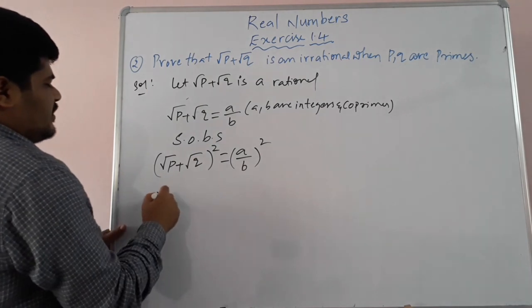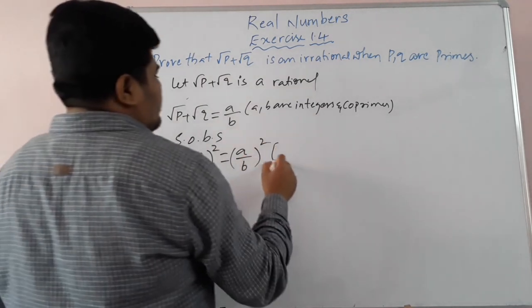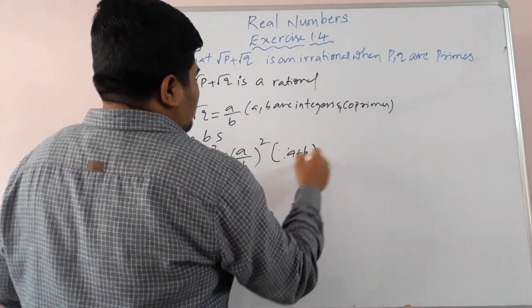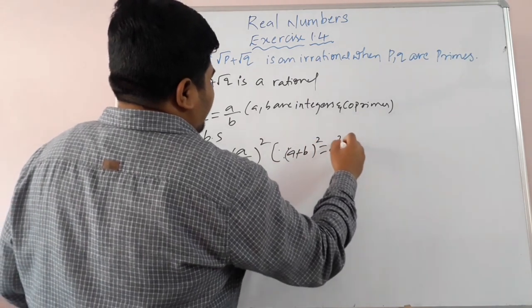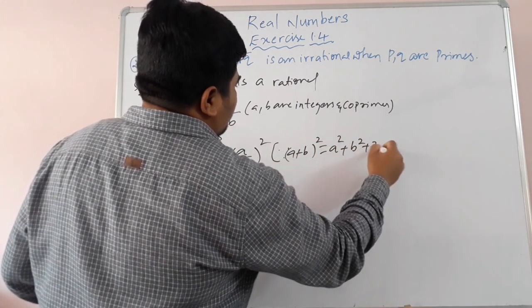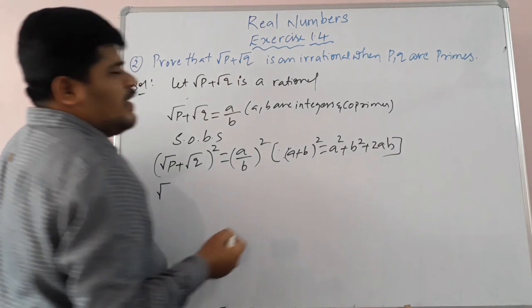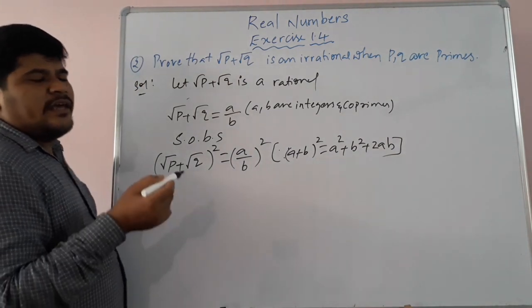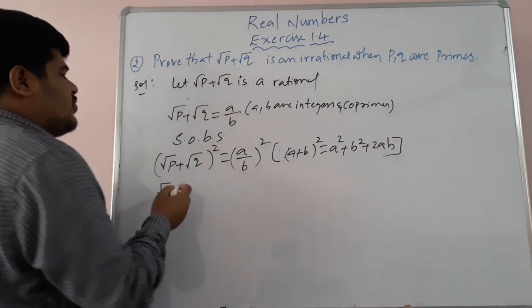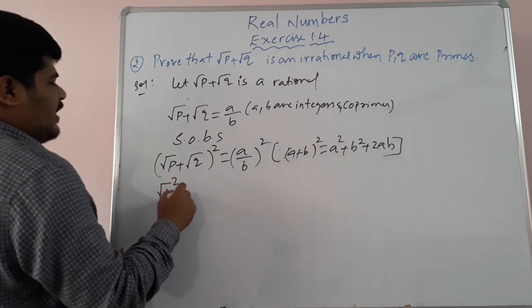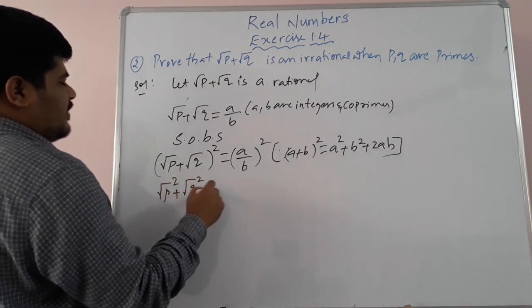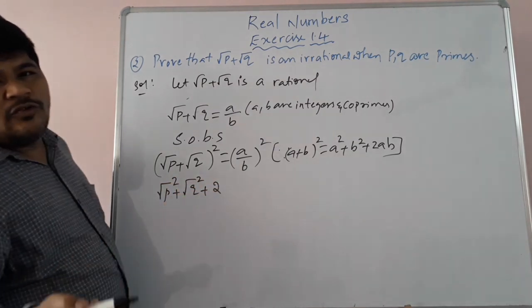So here you will get the expansion of (a plus b) whole square, which is a square plus b square plus 2ab. So here root p square plus root q square plus 2 into root p into root q.